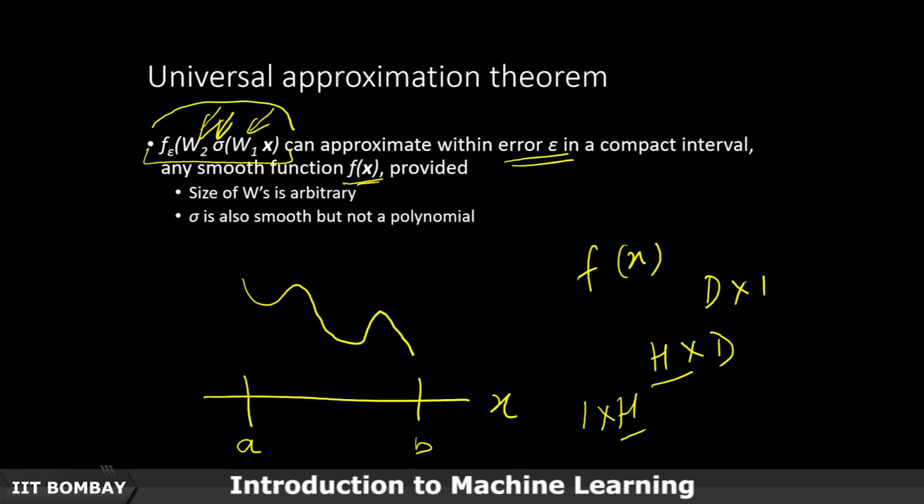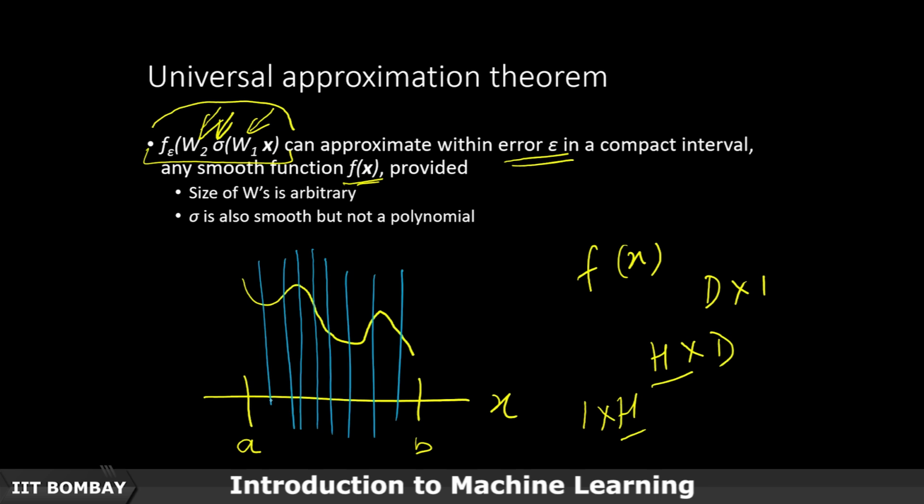that if you think about it a little bit more carefully, let me change the color here. All I need to do is take this sigma and basically divide this into very small intervals. And within small intervals, let's say my sigma is nothing but a step function, not a step function, a pulse function.